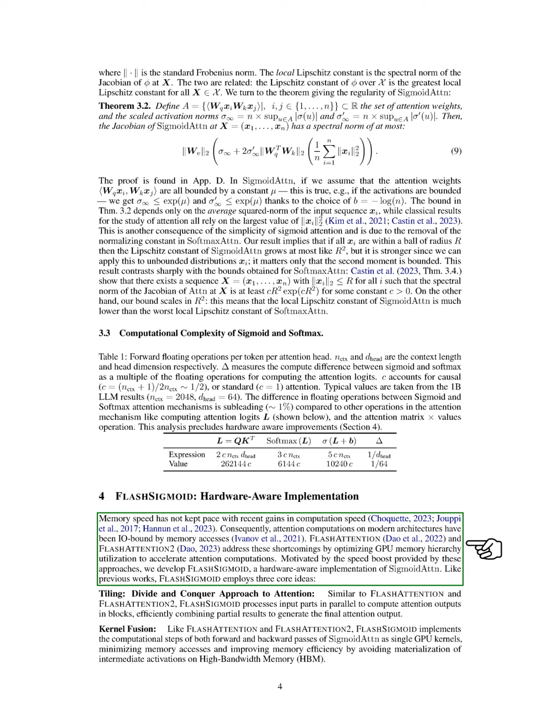FLASHSIGMOID employs a divide-and-conquer strategy, processing input parts in parallel to efficiently compute attention outputs in blocks. We also implement kernel fusion, combining the forward and backward computational steps into single GPU kernels. This reduces memory accesses and avoids storing intermediate activations in high-bandwidth memory, which can slow down performance.